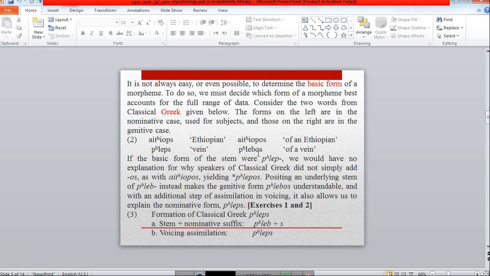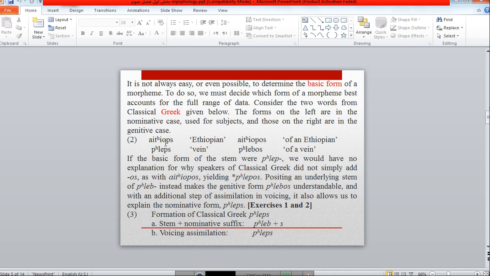With respect to the first, the answer seems simple. Comparing the nominative and genitive form, we isolate Aethiop. Finding the basic stem meaning vein is more difficult. If we want to determine the basic form of the first row, this is simple because we drop s here and os here.